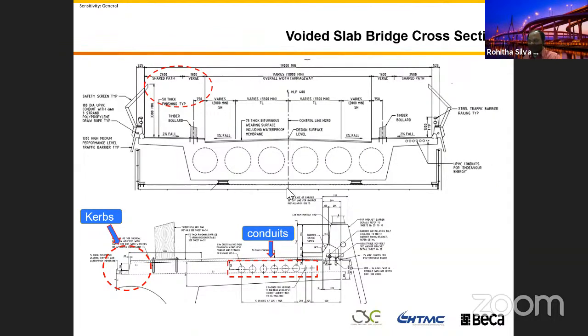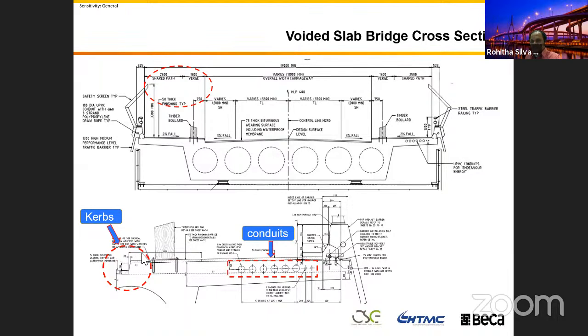It's dual purpose. In addition to that, on the bottom you can see we put conduits in the walkway, because you need to get electrical, water, and so many things. Here the thickness of the concrete is large enough for you to provide conduits for services.